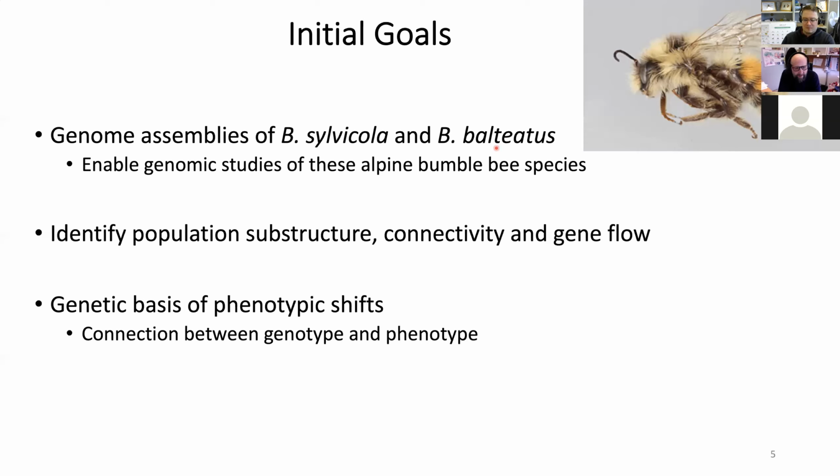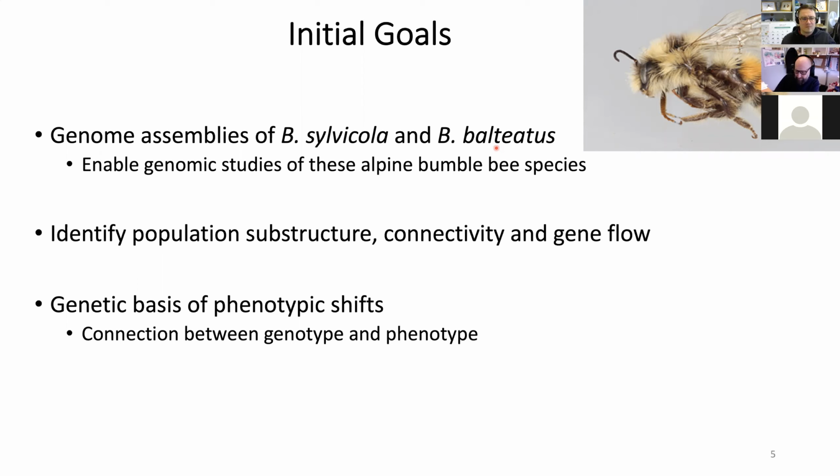And then what we wanted to do with this was to look at the structure of these populations, how they were connected, but also to try and understand what the genetic basis of the phenotypic shifts that were observed was, and if we could identify connections between genotypes and phenotypes using genome-wide association studies.